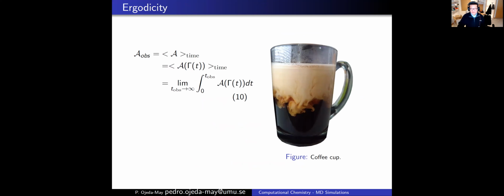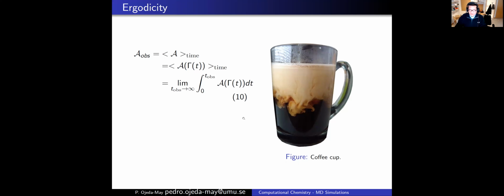And for a realistic system, or for solving the system you have in hand, you can use the idea of ergodicity, where you can take the sampling over the conformations that you get as an approximation to the sampling in time, right?